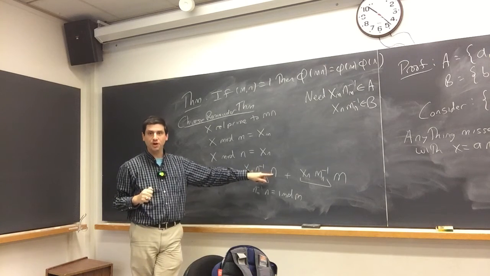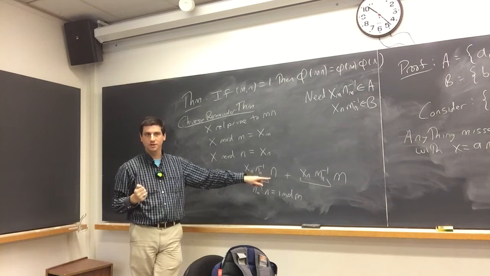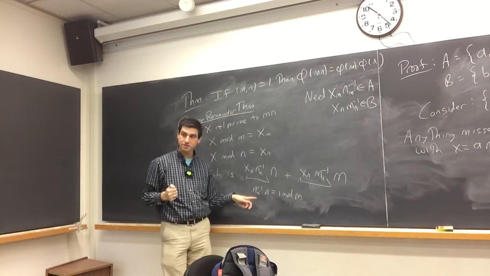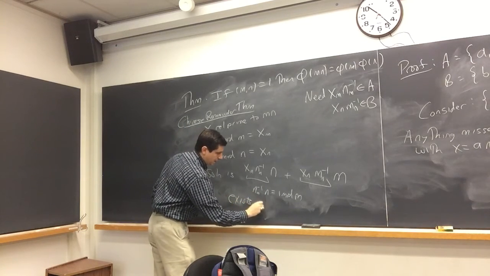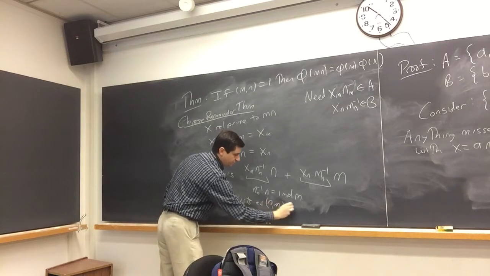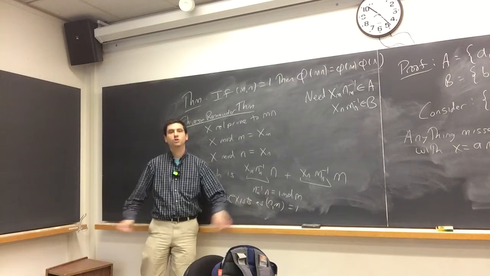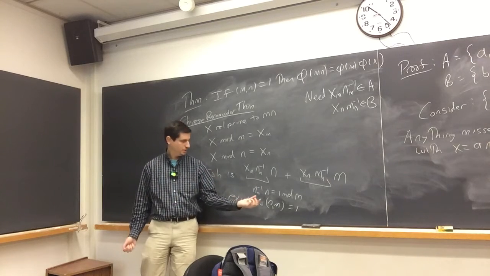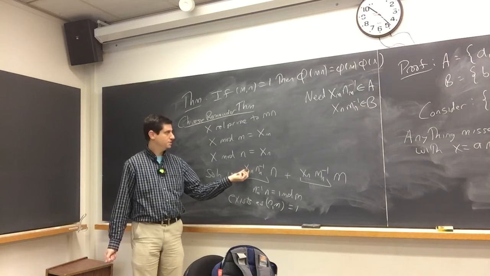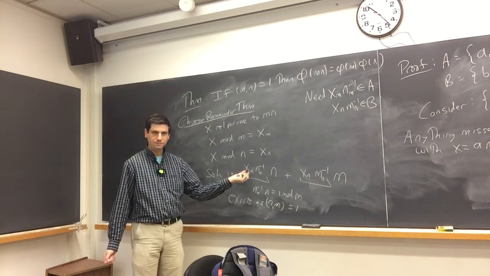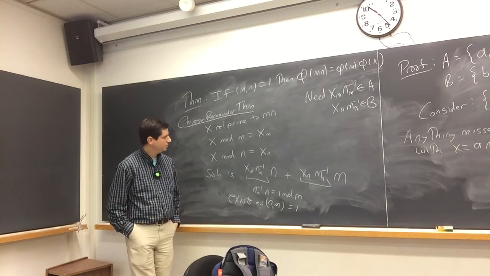Since n is invertible mod m, and it's invertible because it's relatively prime, we have to justify why this exists. It exists as n and m are relatively prime, so we can use the Euclidean algorithm. If you're relatively prime, you're invertible. So this n_m inverse exists, and this exists. That's the only thing we have to be careful about.